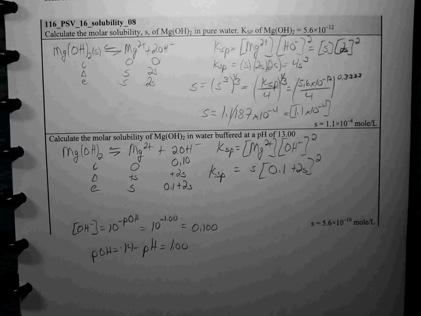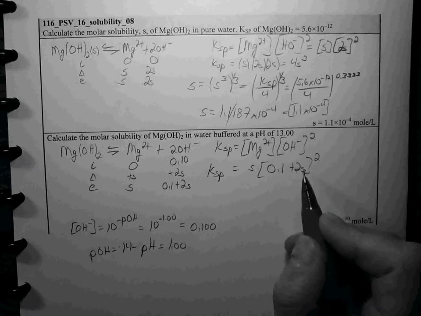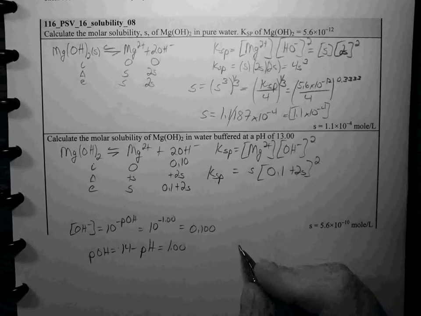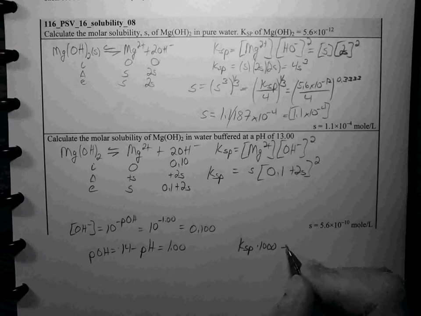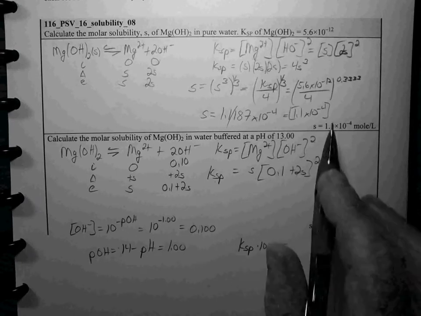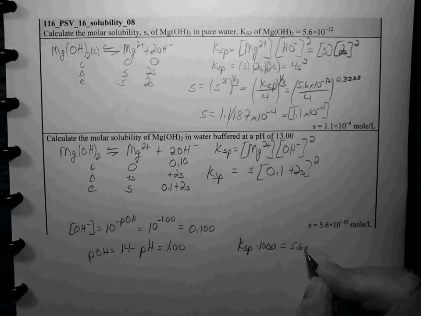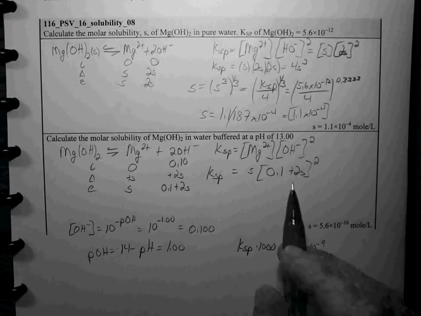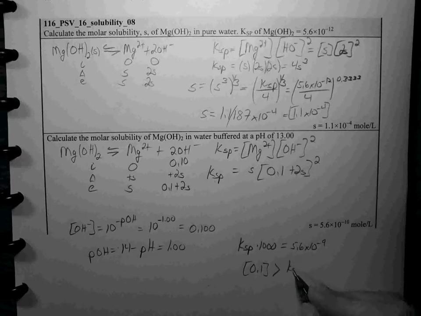Now we're going to see if we can make the approximation that this S is insignificant here. So we multiply KSP times 1,000, and so it's going to be 5.6 times 10 to the minus 9, and 0.1 is much, much larger than KSP times 1,000.